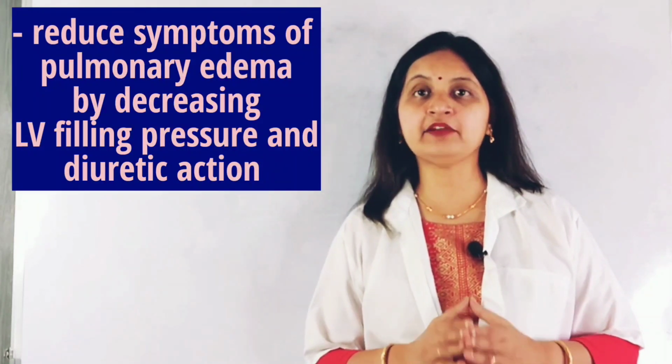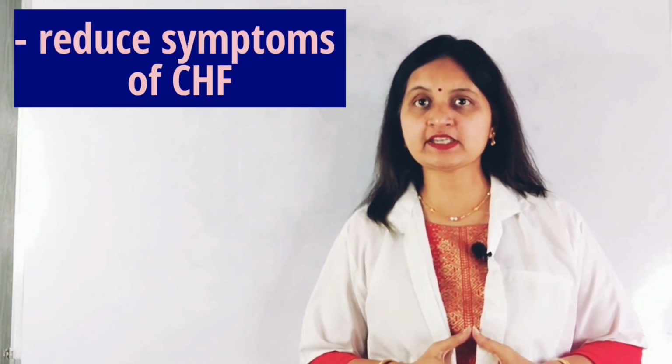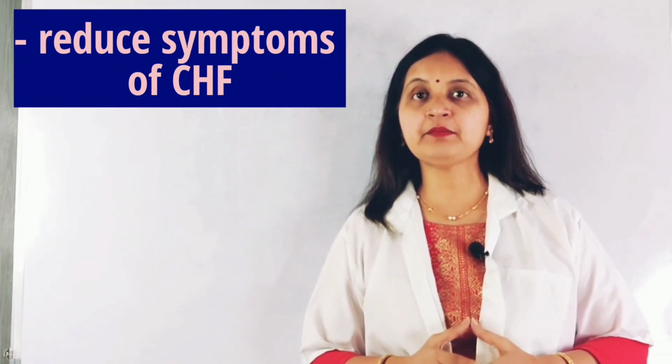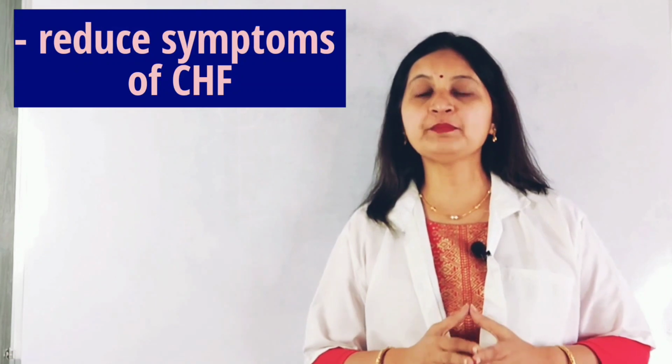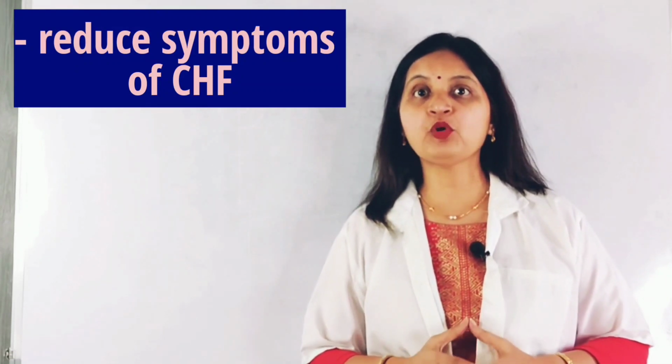So this helps in reducing the symptoms of pulmonary edema. They can also reduce the symptoms of chronic congestive heart failure and minimize venous and systemic congestion. This can reduce hospitalization rates and improve the quality of life of the individual.